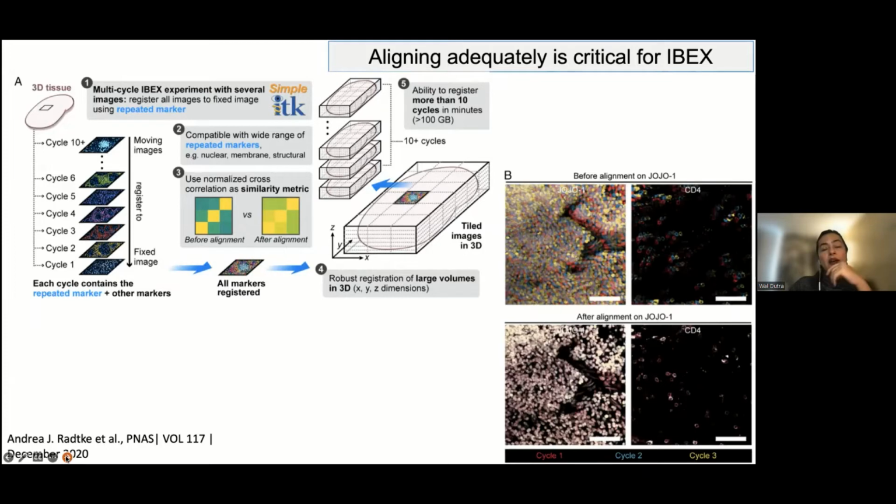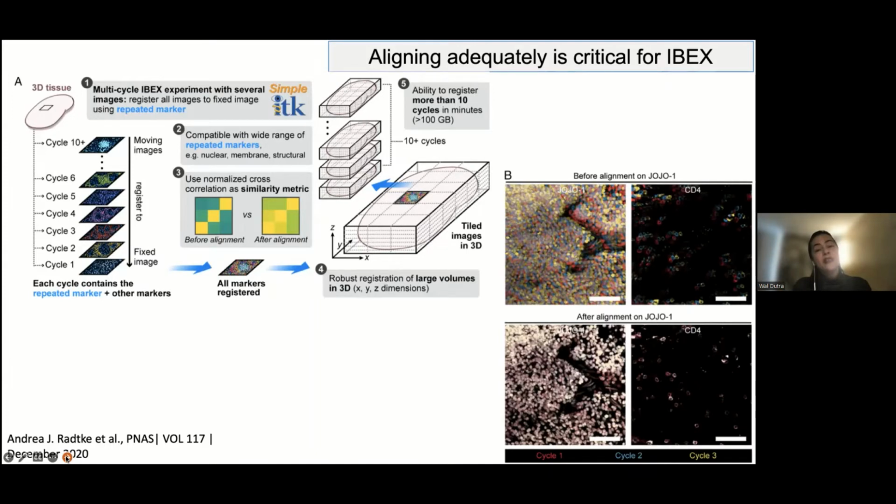The algorithm was developed by Ziv, who is a person that also works at the NIH with Andrea, and it's very powerful. So even if you're not as careful as we were, because we were guided by her, who had a lot of experience with it, it can still align your tissue for you.